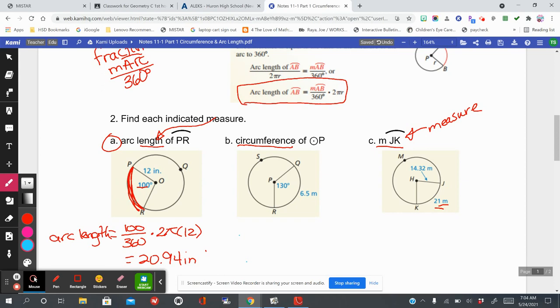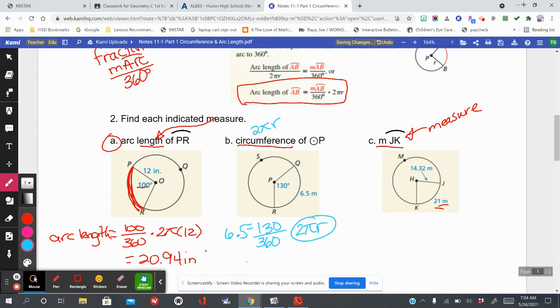Try this again. We're looking for circumference, which is 2 pi r. So we have our arc length equals our angle measure, 130 divided by 360, times 2 pi r. This right here is what we're solving for. So this right here is our arc length, not C. I didn't mean to put C. So 6.5.